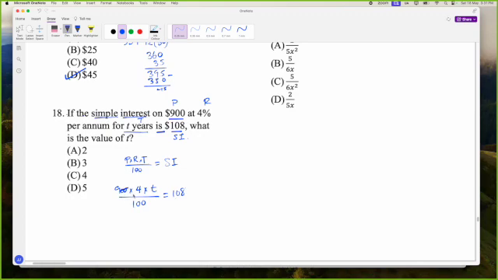I could see that this will cancel with this, and I actually don't have to multiply the 9 and the 4 yet, because if I throw across the 9, 4t is going to be 108 divided by 9, which thankfully Sharice taught me how to divide.